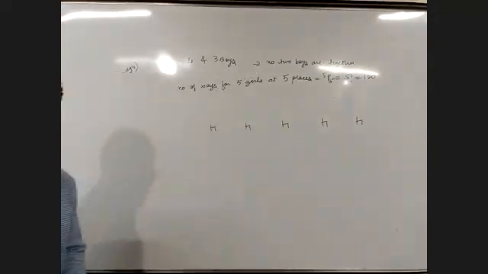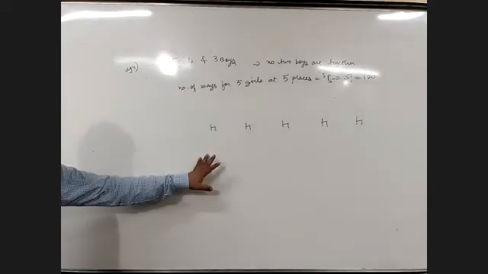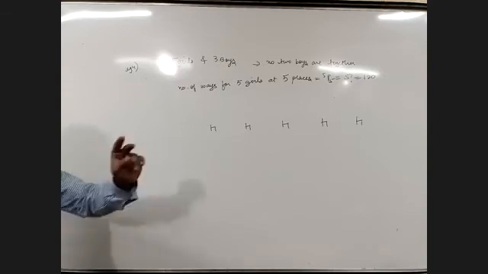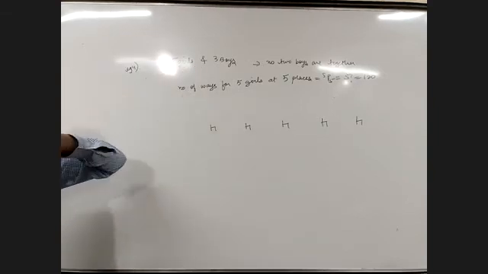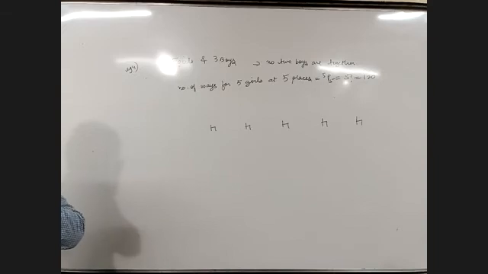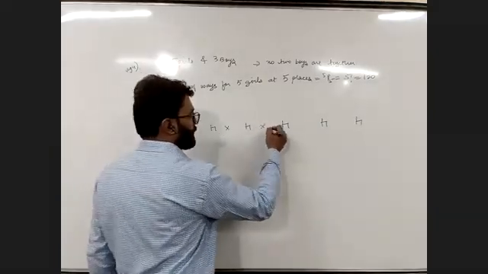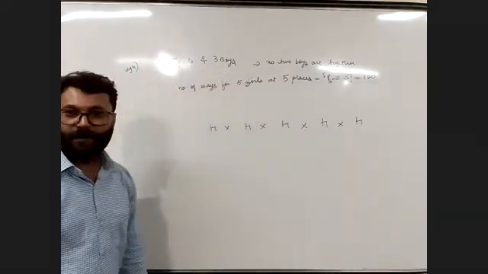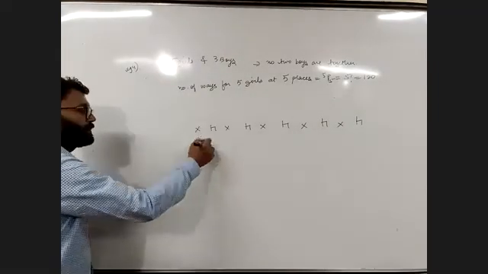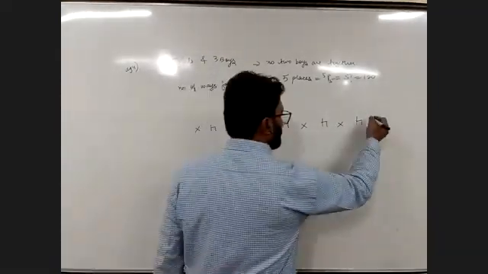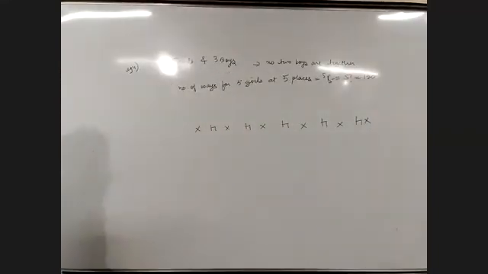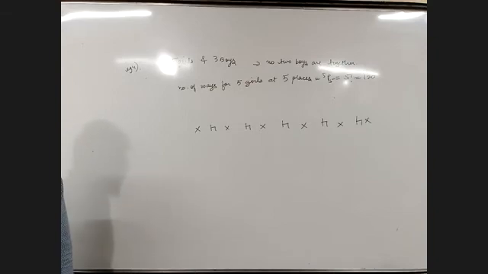5 girls की 5 chairs रखी. You have to make them sit. Now we need to arrange these 3 boys so that no 2 boys are together. So what are the possible places for the boys? कहाँ boys के लिए chair रखी जा सकती है? यहाँ पर, यहाँ पर, यहाँ पर, यहाँ पर, राइट? आगे भी रख सकते हैं, उधर भी रख सकते हैं. कोई प्रॉब्लम इसमें? कितनी पॉसिबल पोजीशंस होंगी बॉयज के लिए? बट बेचारे बॉयज हैं कितने?